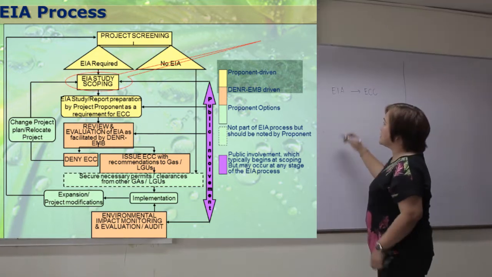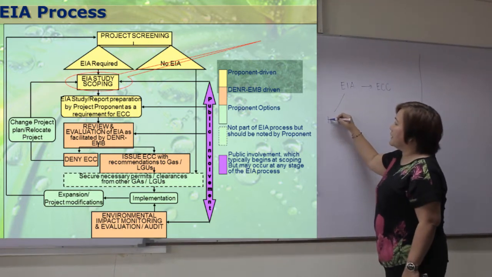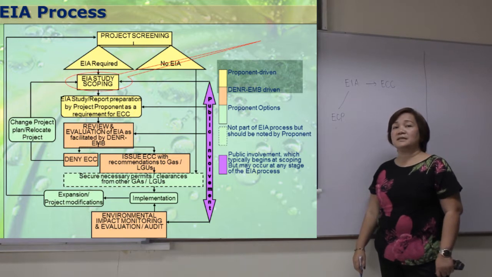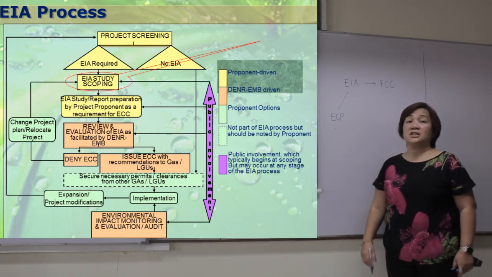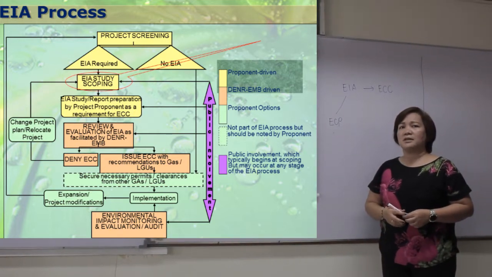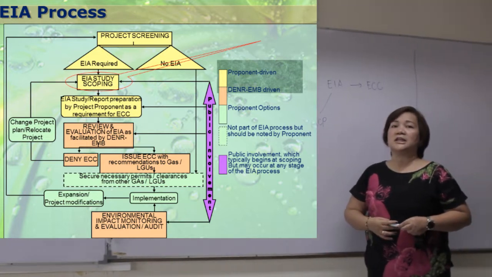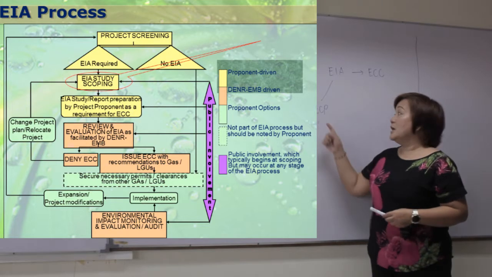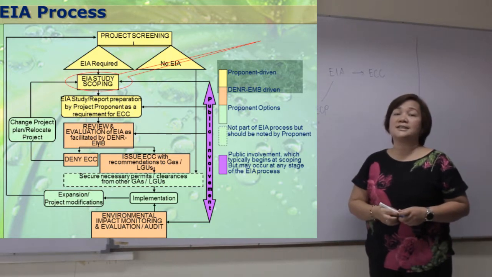categories, what are these two categories? If it is considered as an ECP, environmental critical project. So how would you know whether it's an environmental critical project? EIA law itself has enumerated all the different projects that are classified under this category.